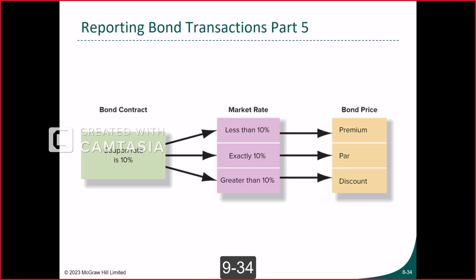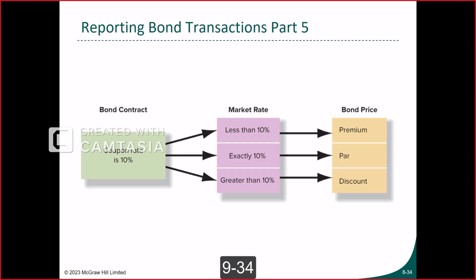If the principal is, let's say, 1 million, and the market rate is less than the coupon rate, this gives a premium, which means we are going to collect more than the 1 million principal amount. It is an issuance with a premium, so the company is going to collect an additional amount, which is the premium.